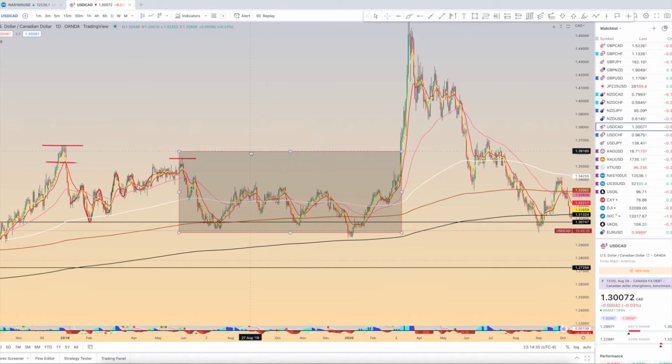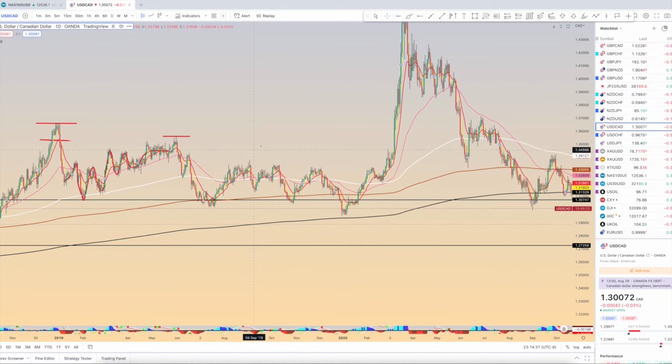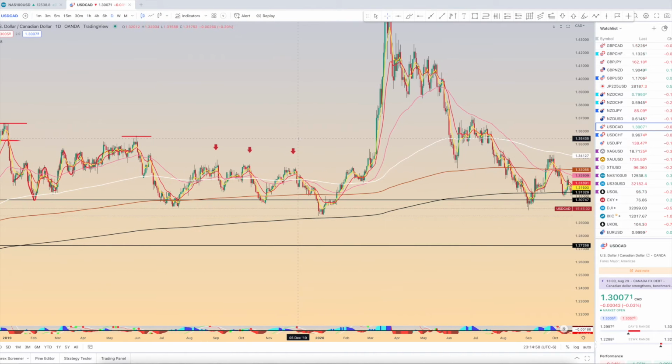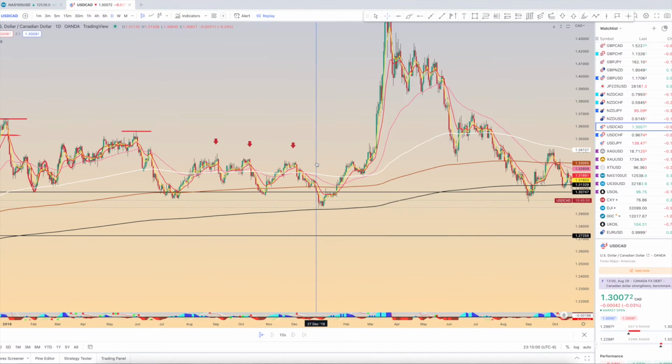So even here, in this big consolidated box, we made a peak here, but now you have 3 areas of liquidity, right here, here, here, and here. Each time you can see that they're a little lower than the previous one.